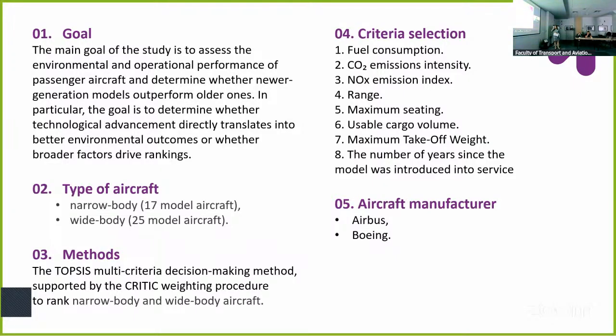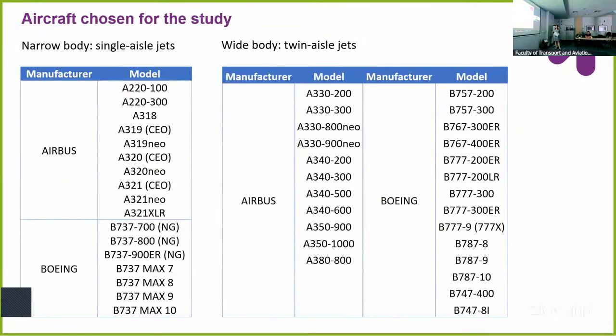So we did not take into consideration the average number of seats, but maximum seating in this specific model. And usable cargo volume, maximum takeoff weight, and the number of years since the model was introduced into service. Yes, so the first year of service was interesting for us. And two aircraft manufacturers, as I've mentioned, the largest, Airbus and Boeing.